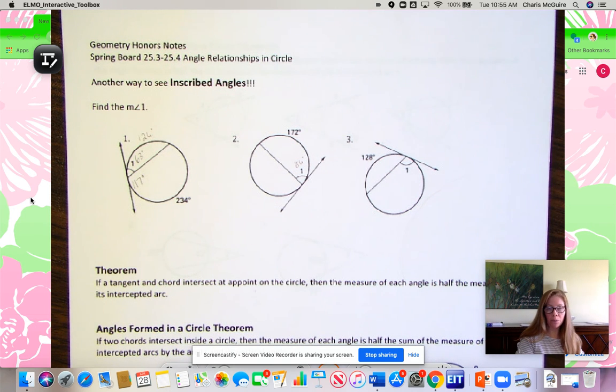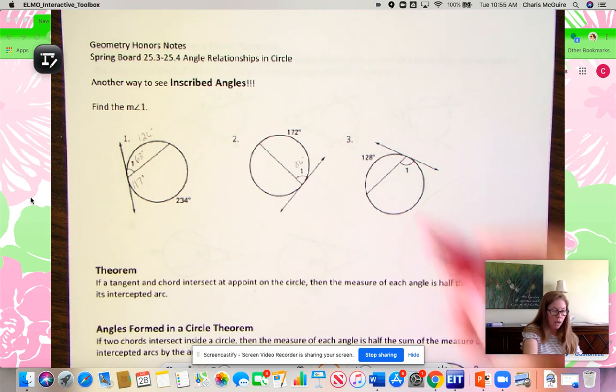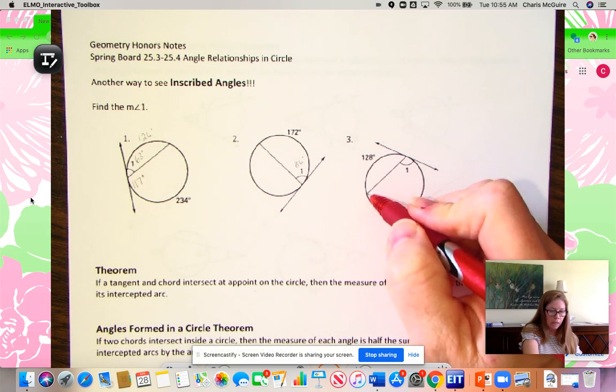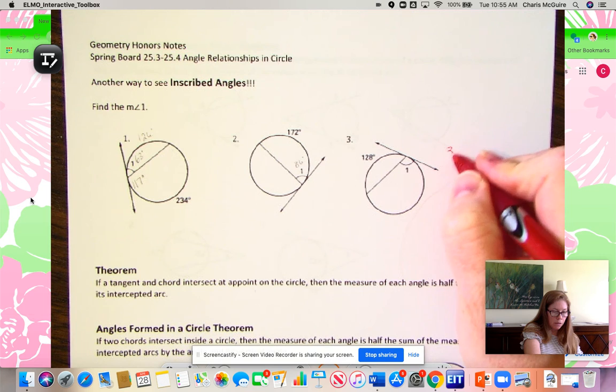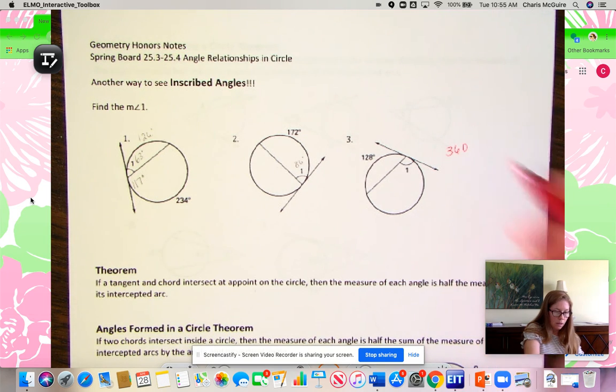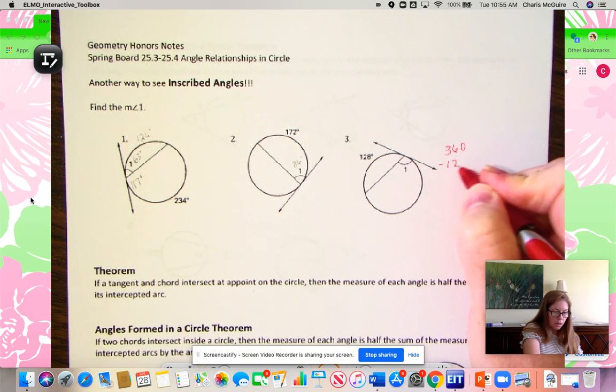When I looked at number 3, there's actually 2 different ways that you can do this, and it doesn't matter which way you do it. I'm going to go the opposite way that I did number 1, so you can see a different way to do it. If I have 128 here, I can do 360 degrees minus 128 degrees.